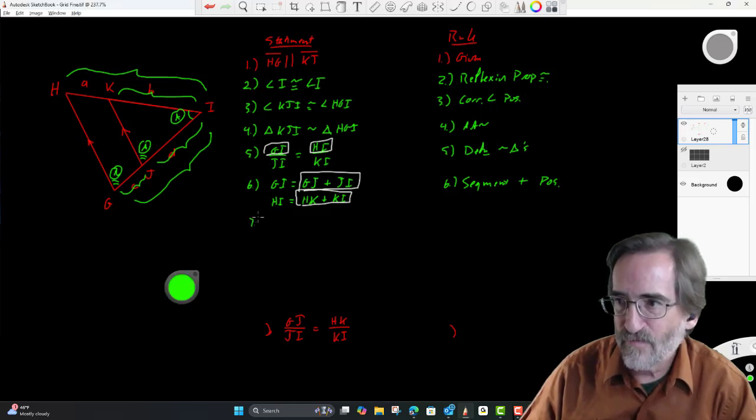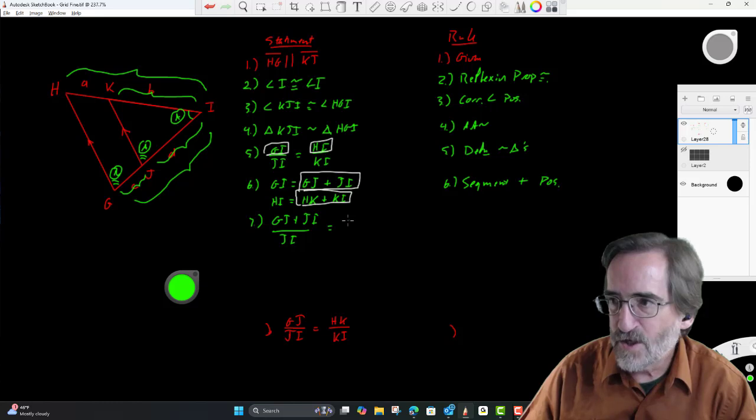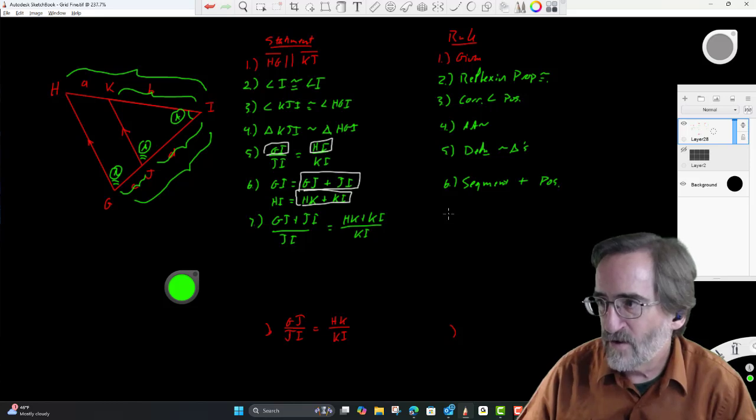So 7, GI is going to become GJ plus JI over JI equals, HI is now going to become HK plus KI divided by KI. Okay, 7, substitution.